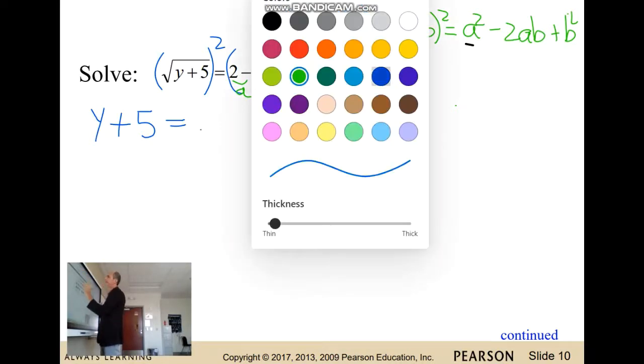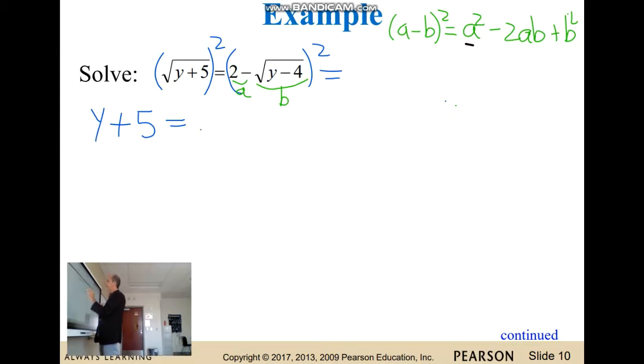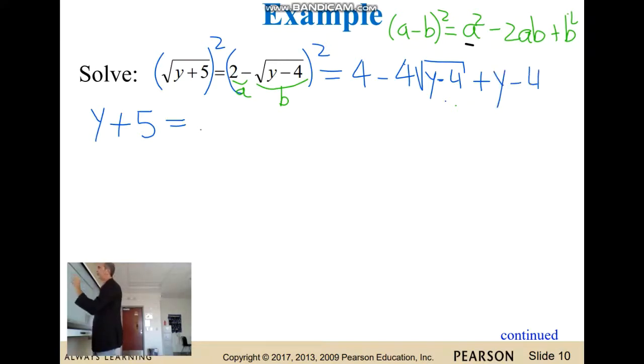That means, let's apply, a squared is going to be 2 squared, 4, minus 2 times a, 2 times 2, 4, times b, the square root of y minus 4, plus b squared, the square root of y minus 4 squared is y minus 4.